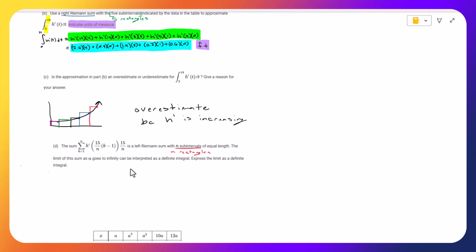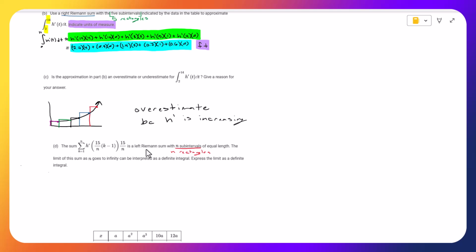And the limit of this sum as n goes to infinity can be interpreted as a definite integral. Express this limit as a definite integral. Okay, so we want to write this as a definite integral. So let's start by working with what it tells us. Well, a left Riemann sum, we're working with rectangles.